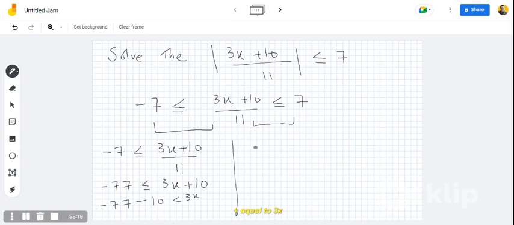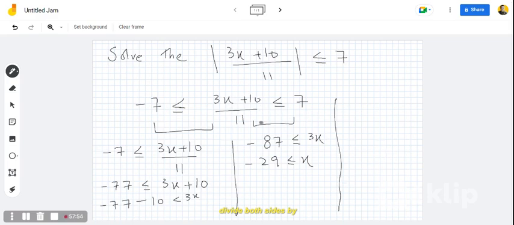Okay, so that becomes minus 87 less than or equal to 3x. So we divide both sides by 3, and here it becomes minus 29 less than or equal to x.